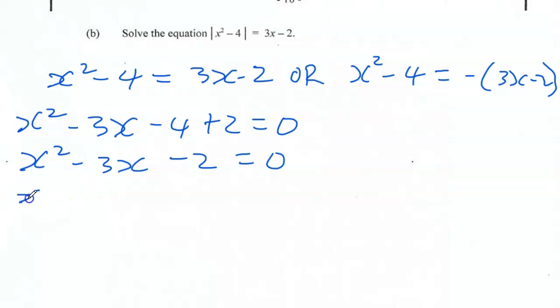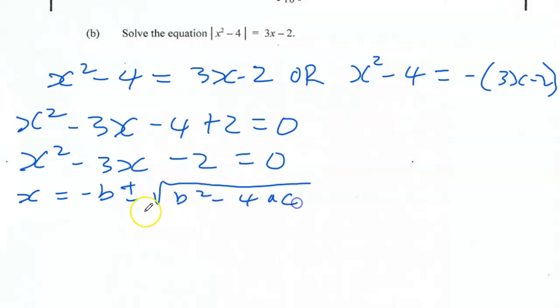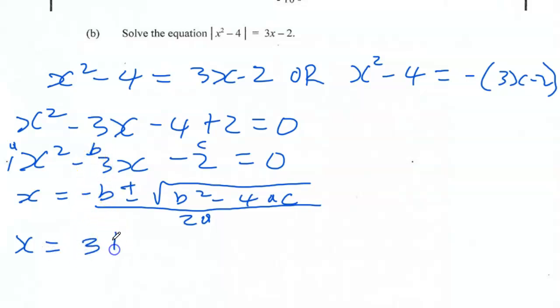Let's use the formula here. So x is minus b plus or minus the square root of b squared minus 4ac, all over 2a. Notice the a value is 1, the b value is minus 3, the c value is minus 2. So we can make our substitutions. So x is equal to minus minus 3, that's positive 3, since b is negative 3, plus or minus the square root. Now b is minus 3, so b squared will be 9.